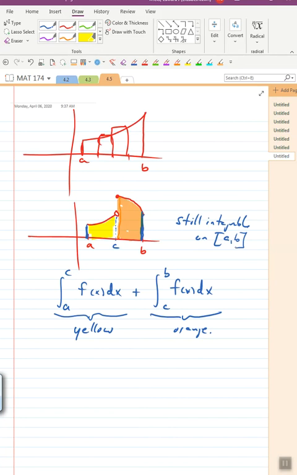Okay, now why? For one thing, well, the most important thing is this discontinuity. Well, it's not removable, but it is finite.